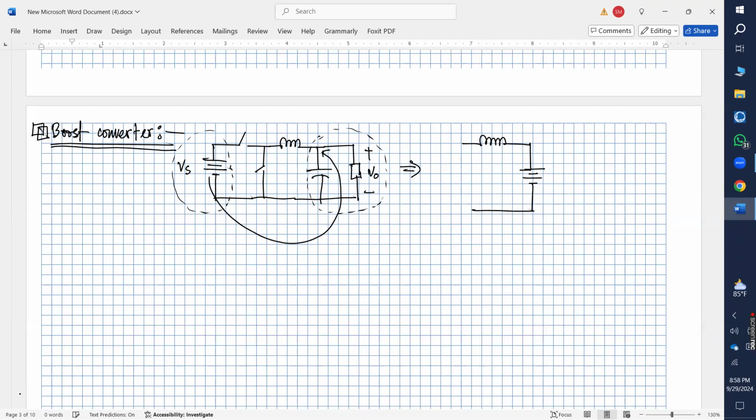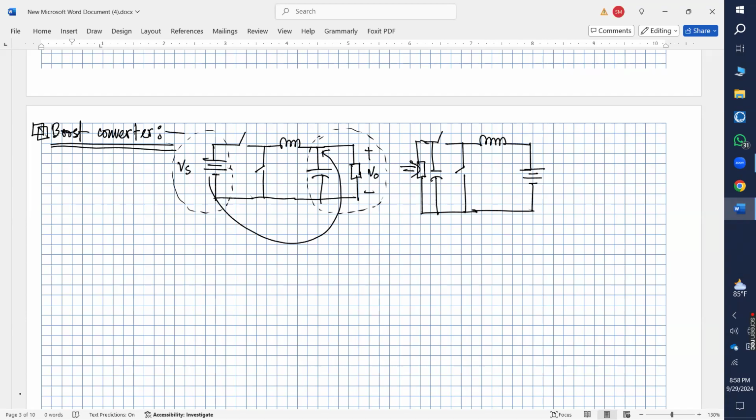Then you have a switch here, and then you have another switch here, and then we put the load with the capacitor. Do you understand what I did?